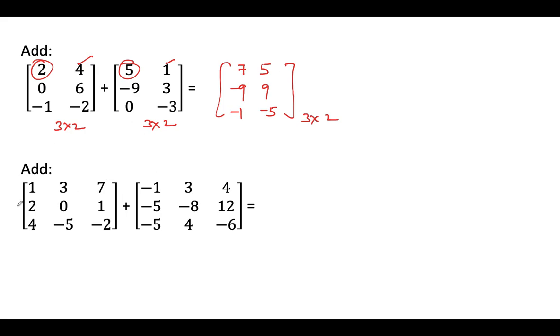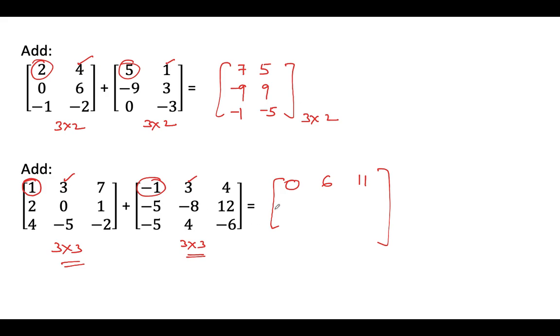Let's look at this. This is a matrix of order 3 by 3. This is also a matrix of order 3 by 3. Now because the orders of these two matrices are the same, we can add them. And when we want to add them, we will be adding the corresponding entries. 1 plus minus 1, that's 0. 3 plus 3, that is 6. 7 plus 4 is 11.